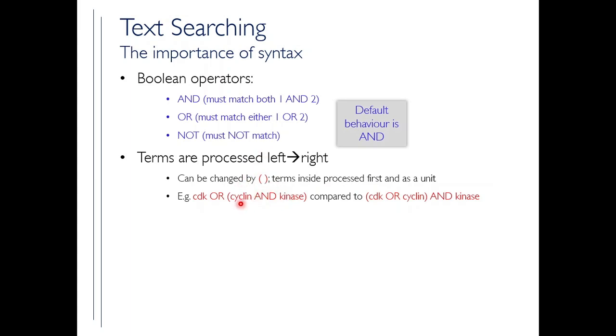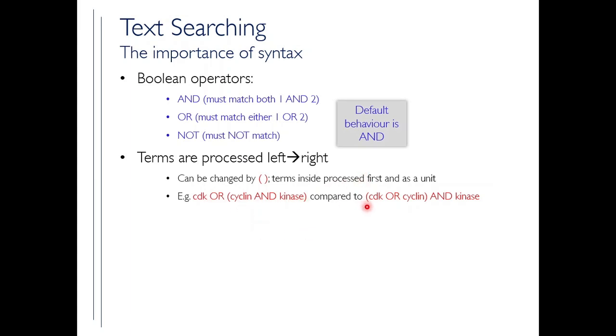So it'll have to match both cyclin and kinase, not OR. So it will match both of those, and from that output, it will then try and match CDK. Okay, so it'll either match that or CDK, but it will do a search for cyclin AND kinase first.